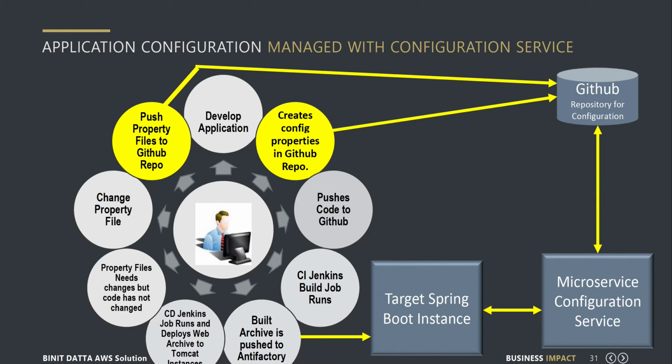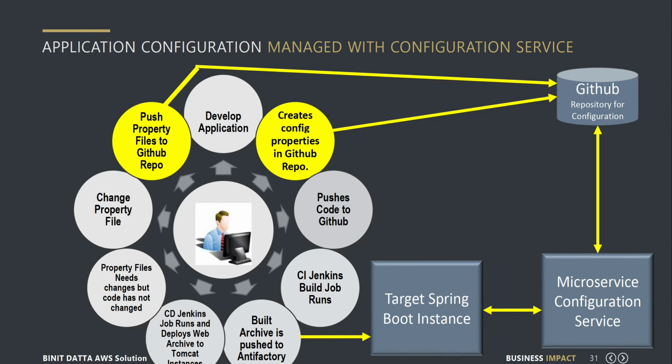And then, after you have created the config folder in GitHub, every time there is a little property change, maybe a new property is added or an existing property is changed, all you need to do is commit that change to GitHub.